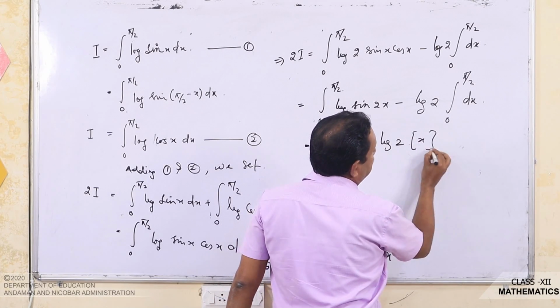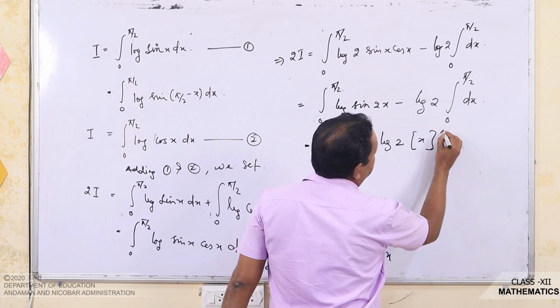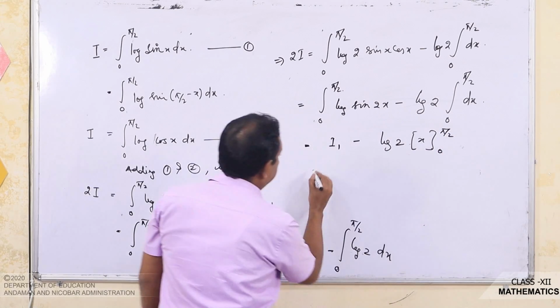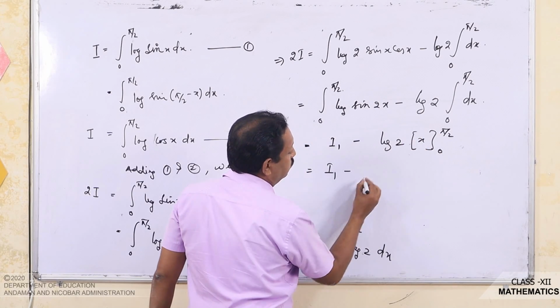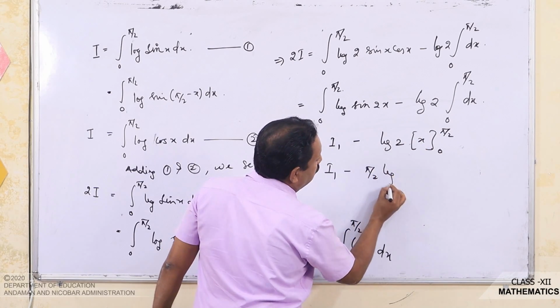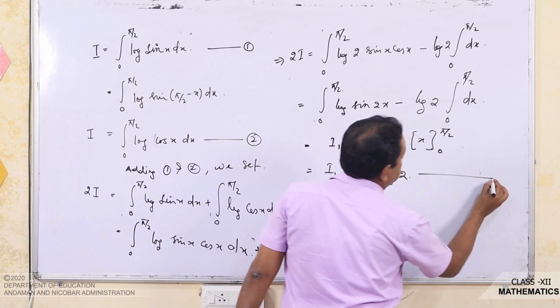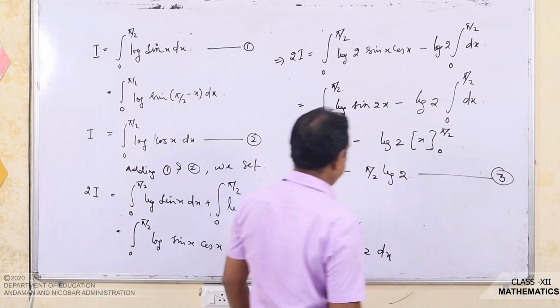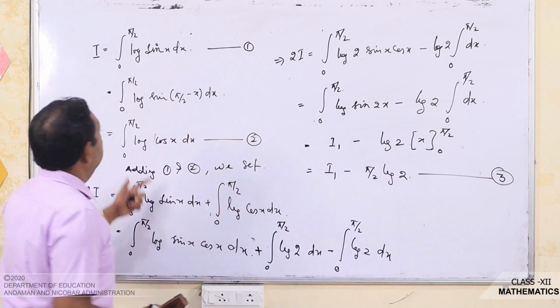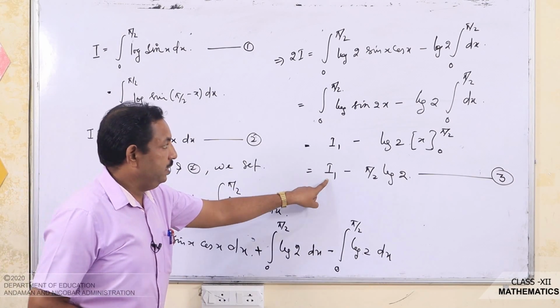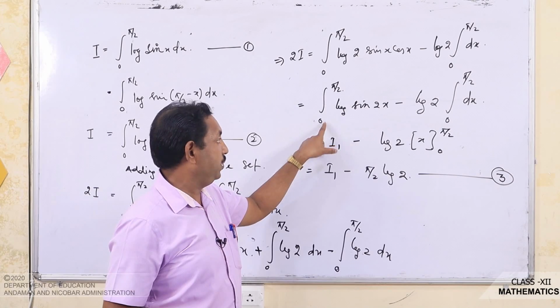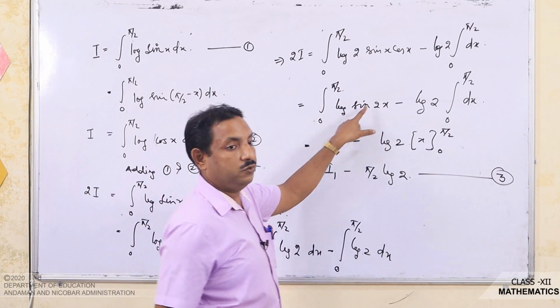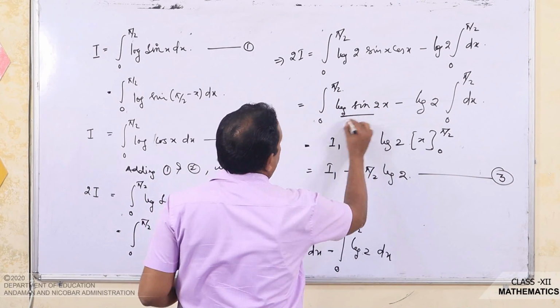I put the limits, 0 to pi by 2, and this will give you I1 minus pi by 2 log 2. Keep this as number 3. Now from this 3, I1 is the integration of 0 to pi by 2 of log sin 2x.